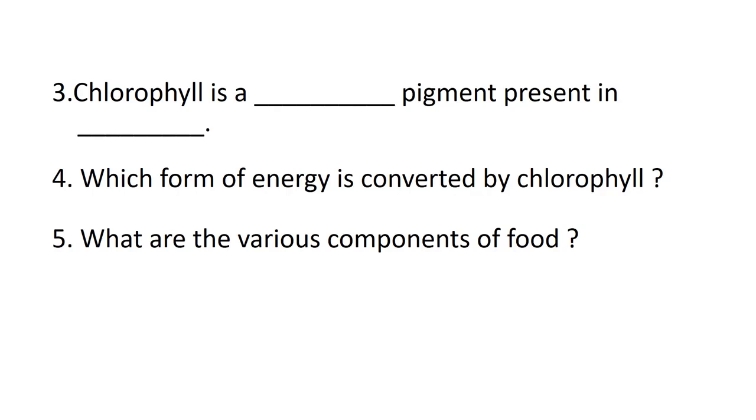Chlorophyll is a dash pigment present in dash. In this question, 2 blanks are given and you have to choose the correct words. Question number 4. Which form of energy is converted by chlorophyll? Question number 5. What are the various components of food?